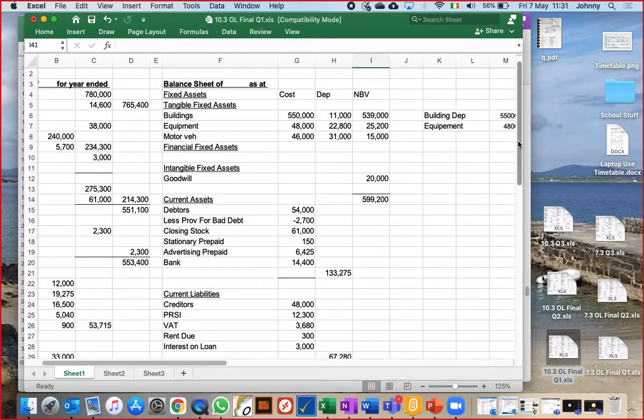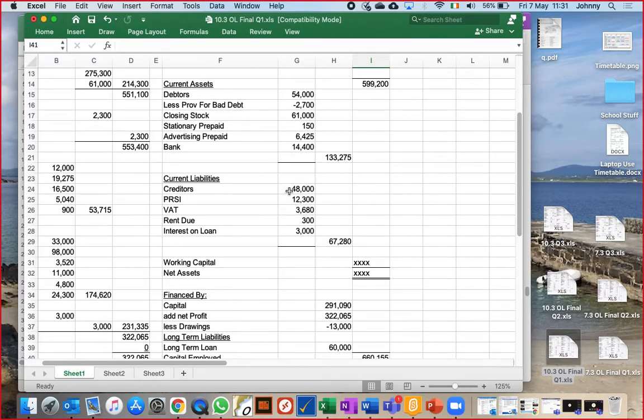I've added the current liabilities, and I've got a total. What do I do with these two totals? You take them away. So that gives me my working capital. So 133 minus 67. And then I'll add that number on to the figure above, and that's going to give me my net assets.